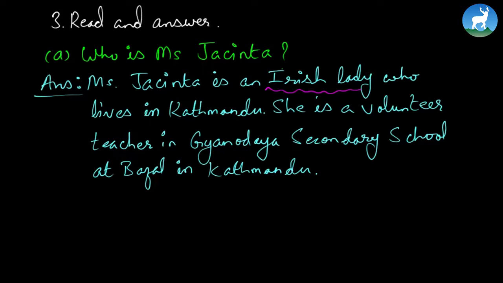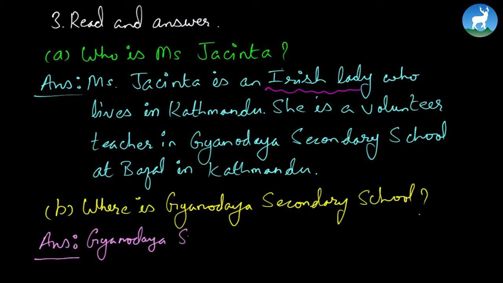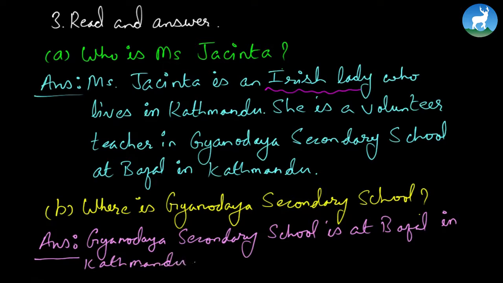Now, if you look at number B, the question is, where is Ganodoya Secondary School? Alright, so where do you think it is? See, it's very simple. You can remember, most of the times, the answer begins right from the question. So you can write here, Ganodoya Secondary School is at Bafal in Kathmandu.